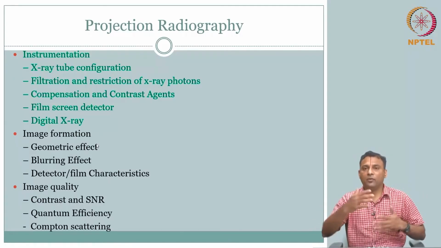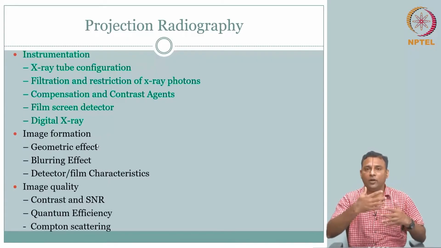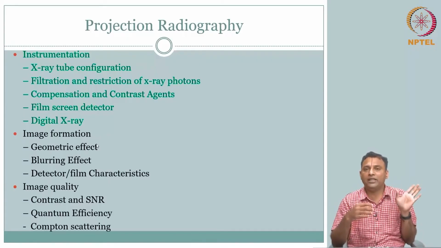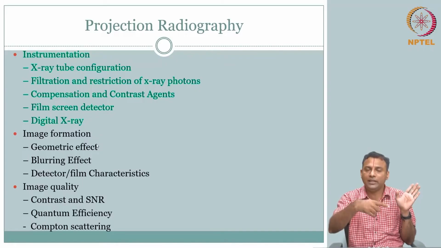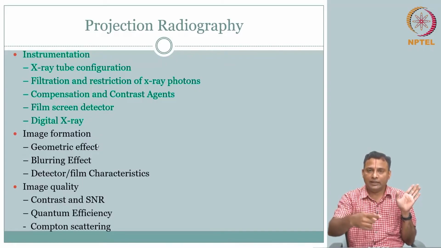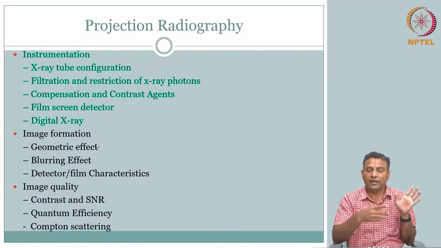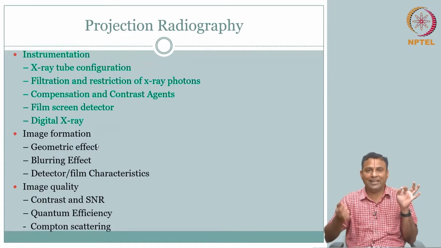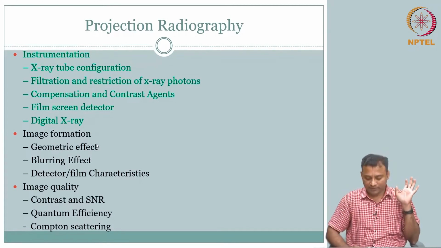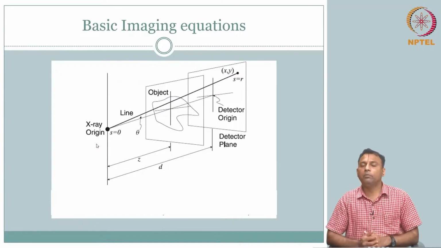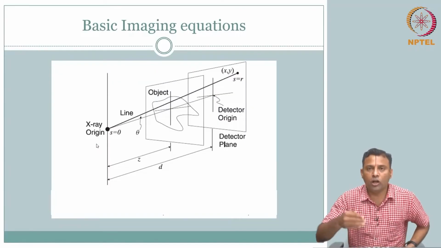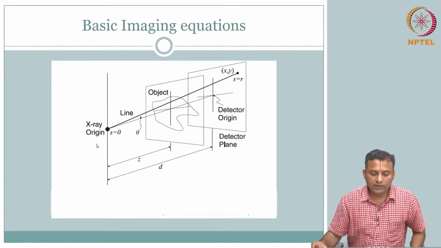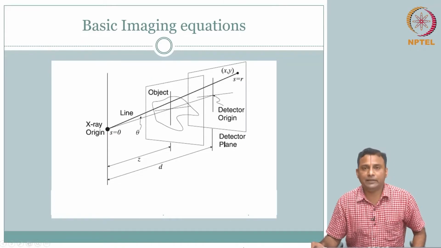So what are the parameters that you can control to form an image has mostly to do with the instrumentation that we have covered so far and how we exploit it, rather than explicit reconstruction. That will become clear as we go along. So this is the paradigm that we are interested in.